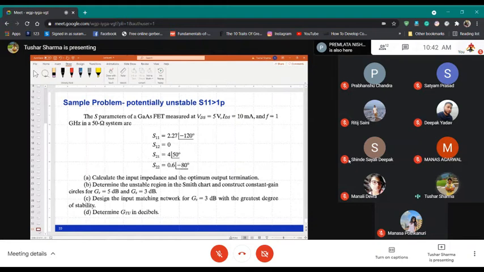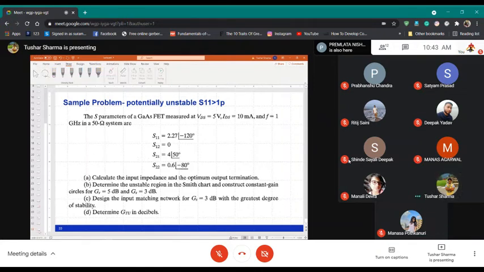Now, if it has issues, how do we figure out what is actually happening with this impedance? In this particular case, my S11 is 2.27 angle minus 120. The first question is to determine the input impedance and the optimum output termination. S22 is fine.